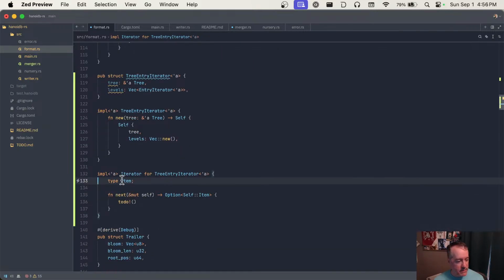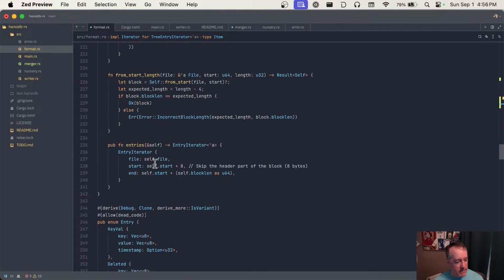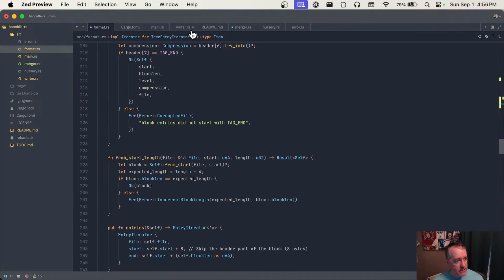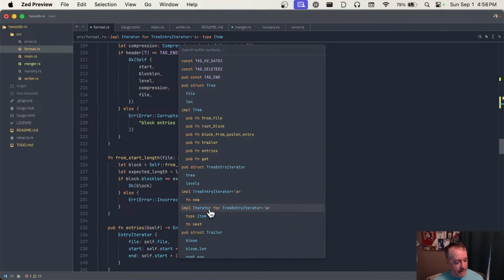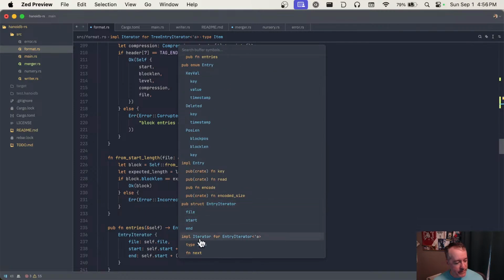Okay, so item is going to be entry, just like we did for entry iterator. We can get down here and find where that is. Where did I find that?